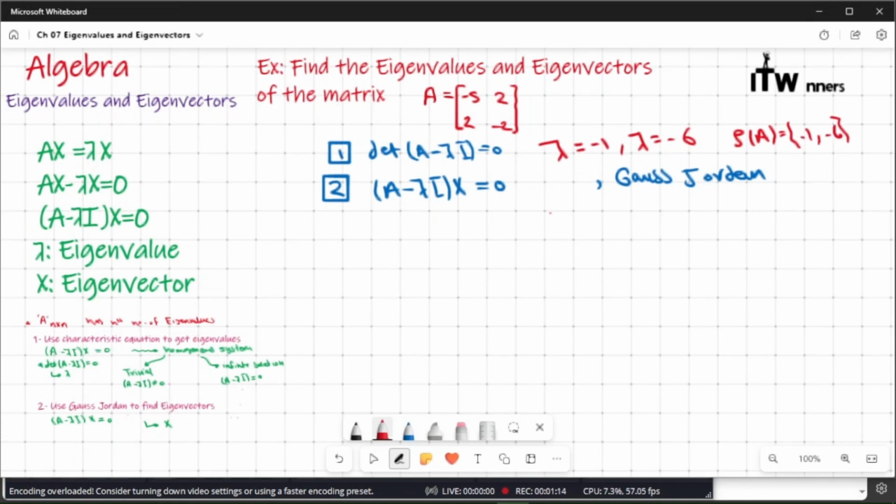From the second step, we have the first vector equal to alpha times 1, 2, and the second one equal to alpha times 2, negative 1.